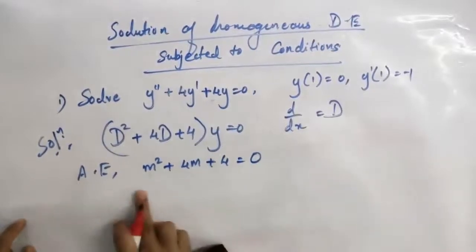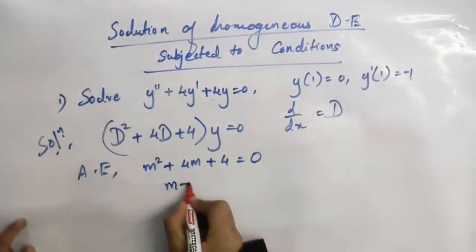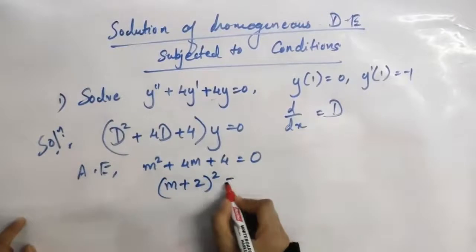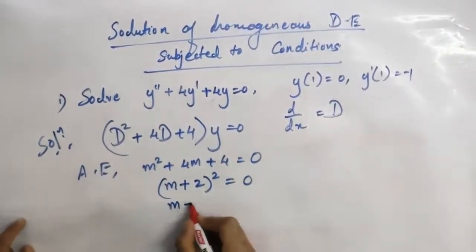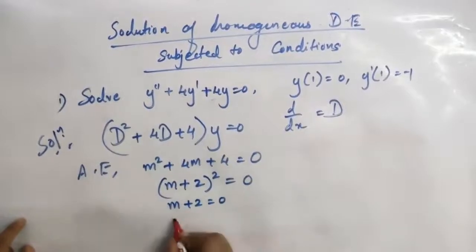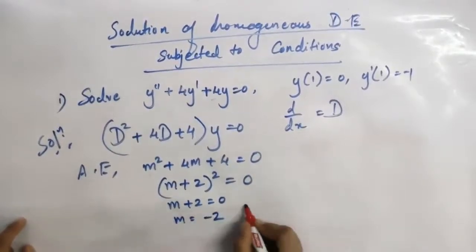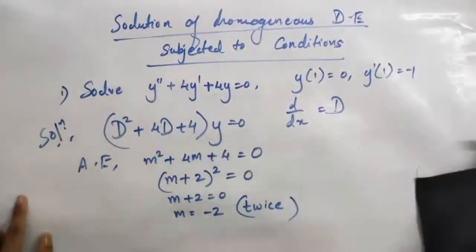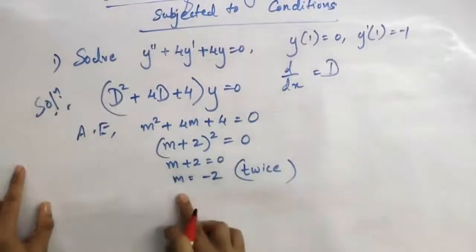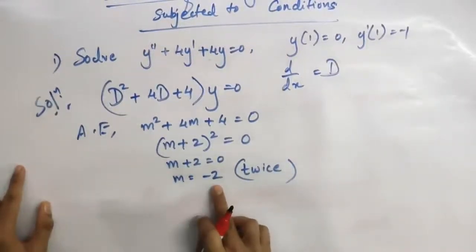Now this is as good as writing m plus 2 whole square is equal to 0. Or m plus 2 is equal to 0, or m is equal to minus 2 twice, because m plus 2 whole square is 0 means m is equal to minus 2 is appearing twice.